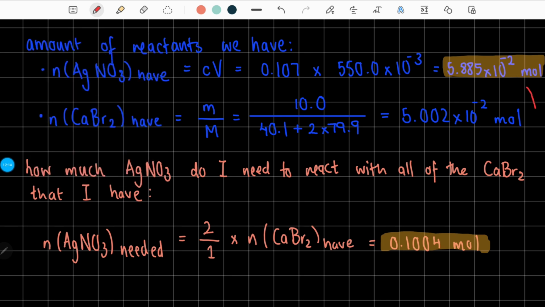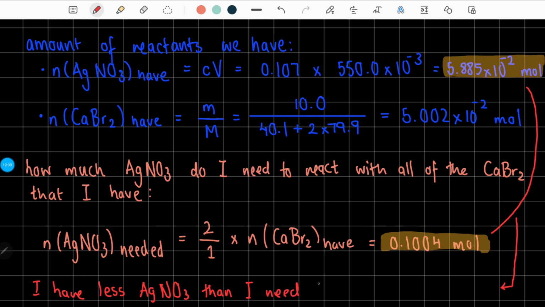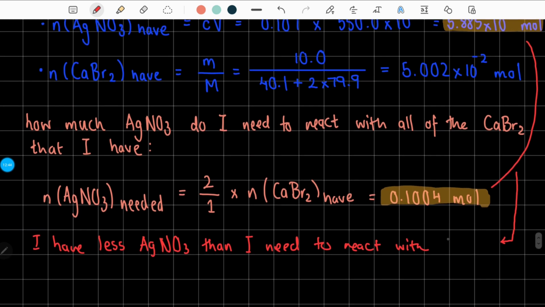By comparing these two, we see that I have less AgNO3 than I need to react with all of the CaBr2 that I have.